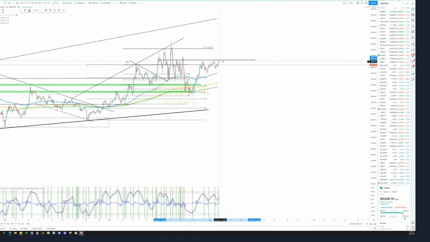I'll look for the 4th touch for the breakout. At the moment, it's 3 touches. 1, 2, 3 distinct pullbacks with higher lows. Sorry, higher lows. I keep mixing them up. Higher lows and 3 touches.